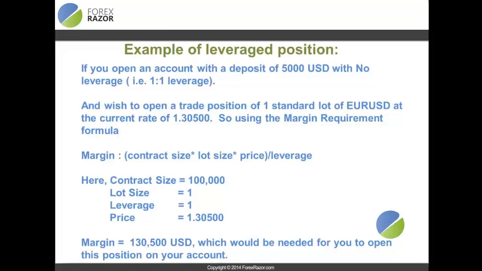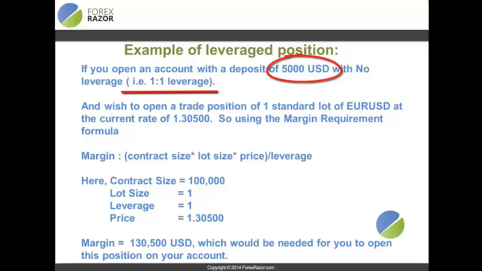Let's consider an example of a leveraged position. Now, if you were to open an account with a deposit of say $5,000 and no leverage. Now let's say you wish to open a trade position of one standard lot of euro-dollar at the current rate of 1.30500.